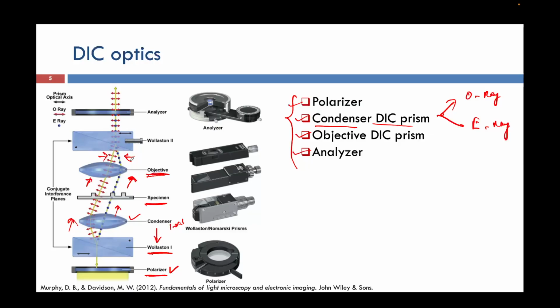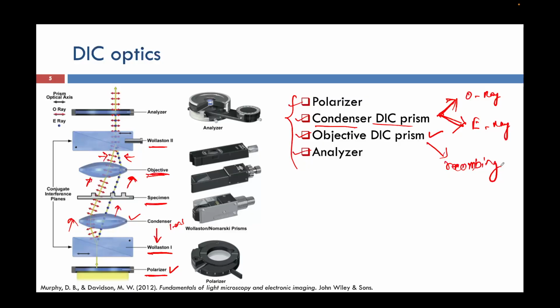So we will put another DIC prism, known as the objective DIC prism. The condenser DIC prism breaks the beam, and the role of the objective DIC prism is recombining the two beams. You can see the objective DIC prism recombines the ordinary ray as well as the extraordinary ray.